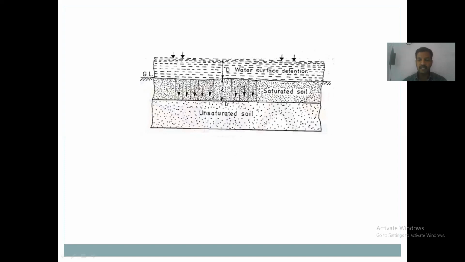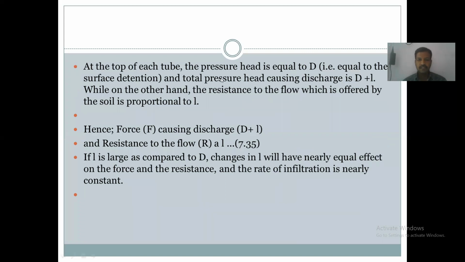So what is D plus L? It is the total pressure head. The pressure head above the ground surface is capital D. There is a pressure head at the top of the soil.